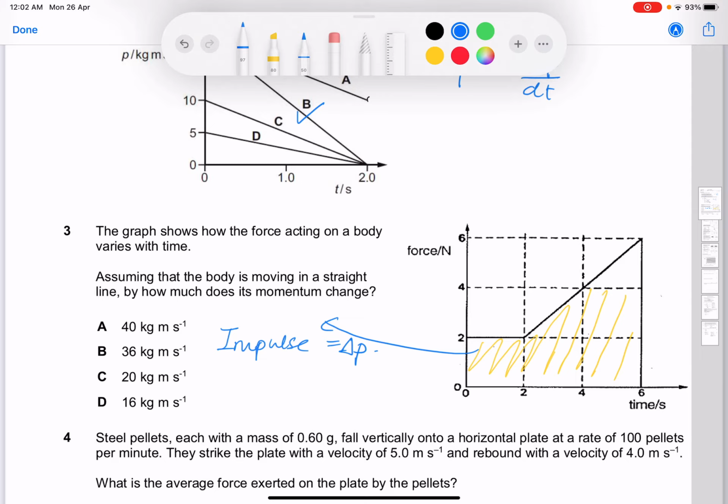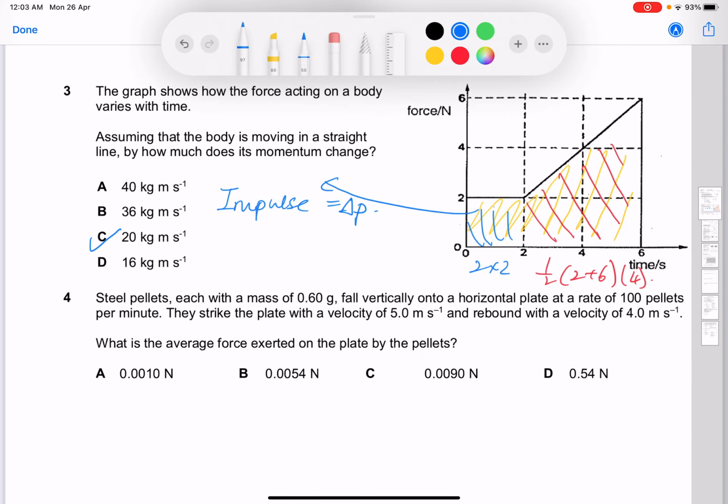The area here is given by the sum of this square, which is 2 times 2, and this trapezium here, which is half times the sum of the parallel sides, and 4. Sum all these up, and you should be able to get the answer C.